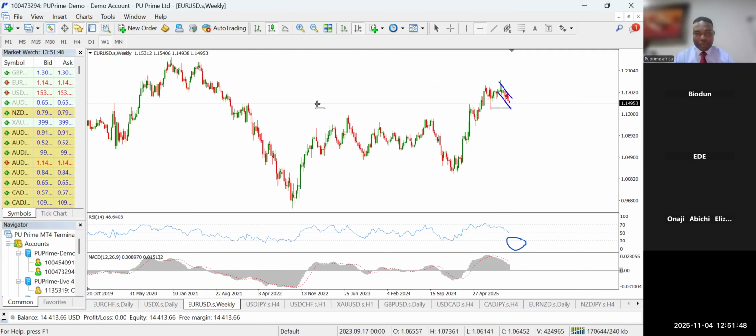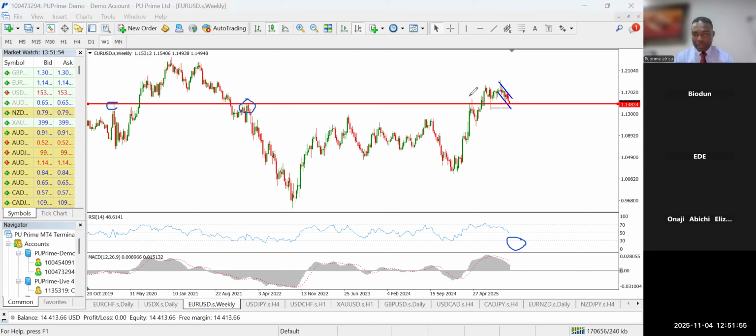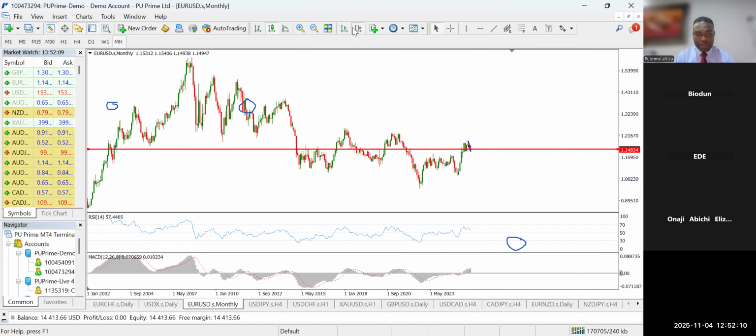There's actually a key level in the past where price has reacted. Where price is now, there has been a reaction in the past, way back in 2019 and 2021. Because I can't find any direct support. And price reacted even way back in 2002 at this current price level.